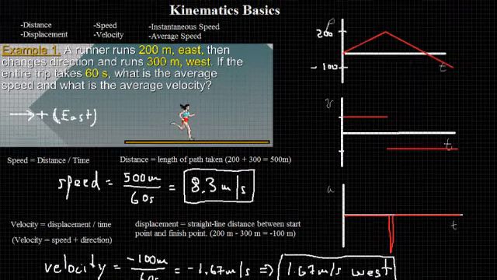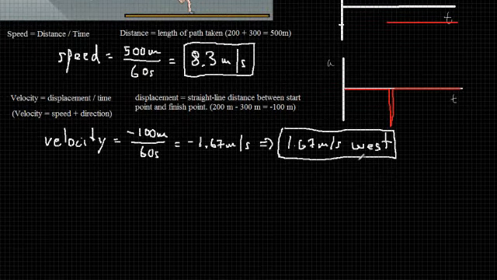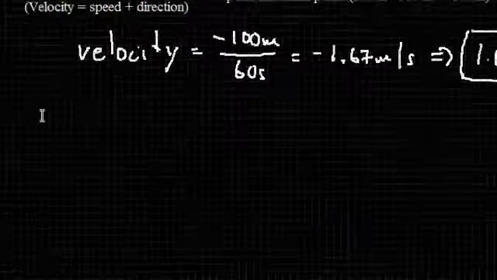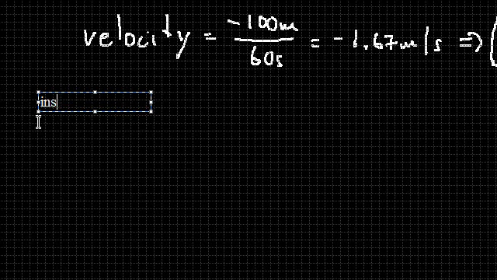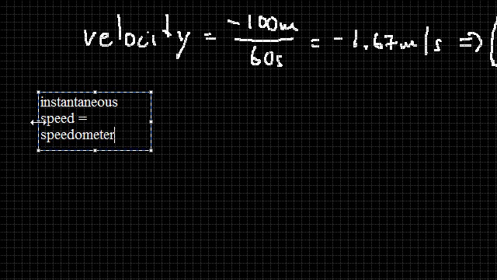All right, we want to finish with our last two terms, which are, let's go back up to the top here. We want to work on average speed versus instantaneous speed. We can define instantaneous speed as kind of a big word, but it's a pretty easy definition.